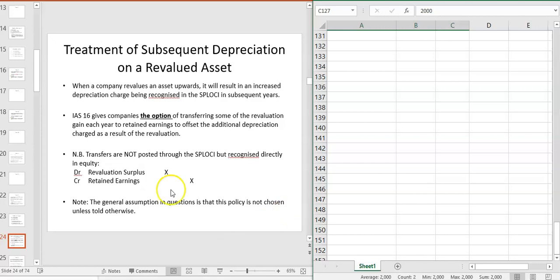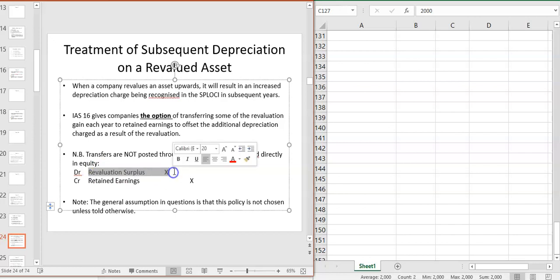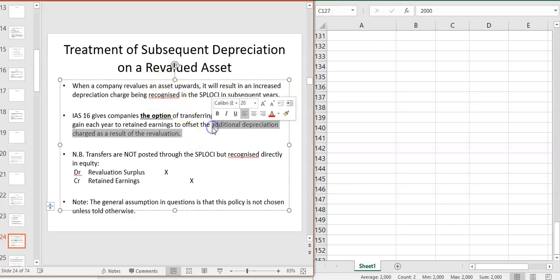So you're transferring it from being unrealized in the reval surplus to being realized in retained earnings. And thus it will be able to be distributed as dividends. And the key amount you're allowed to transfer is the additional depreciation because you've revalued the asset. So there's a particular requirement how much you can transfer each year, right? So it's essentially saying you will not be worse off because you've revalued upwards and because you're charging extra depreciation.